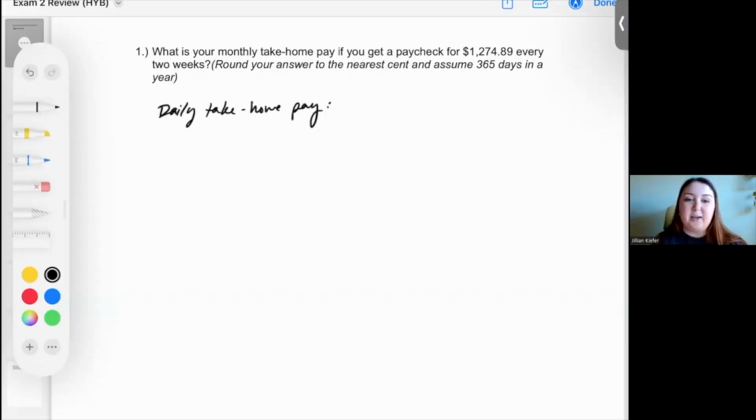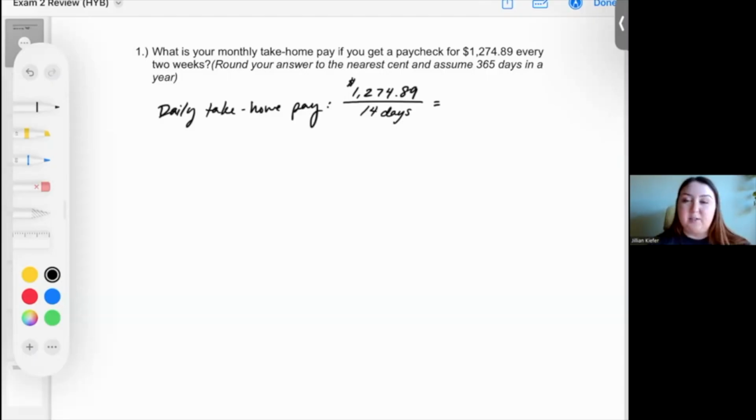So our daily take-home pay is going to be however much we make in our 2 weeks divided by the number of days in 2 weeks. We make $1,274.89 every 2 weeks, which is 14 days. So we can calculate how much we make per day.